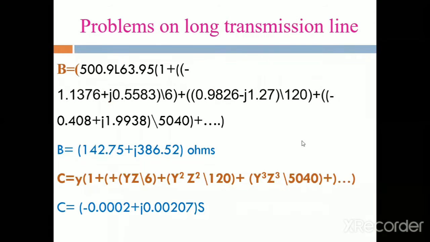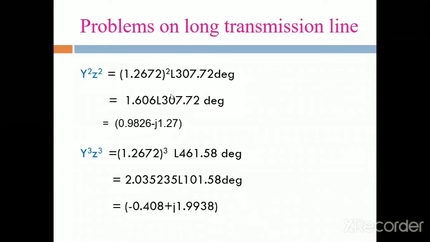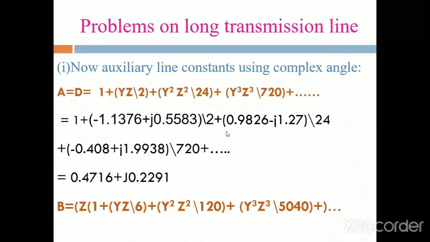We already calculated the value for that Y square Z square, that is 0.9826 minus j 1.27. Substitute that value, divided by 24. 24 means the 4 factorial.